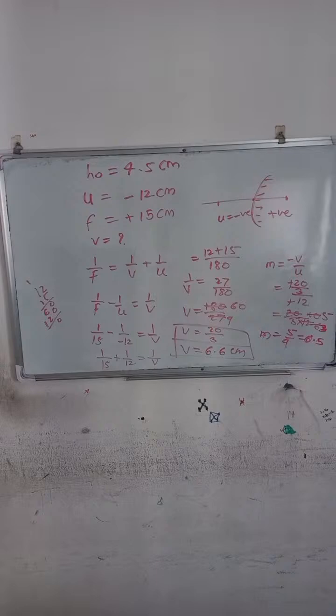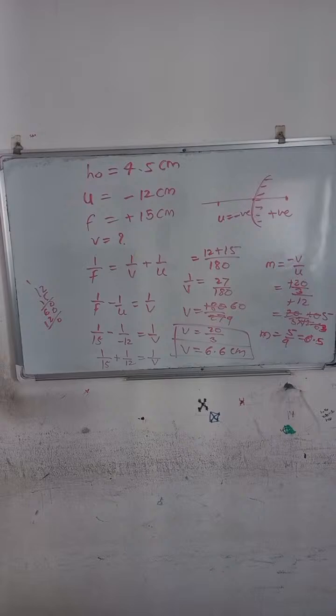Okay, I will repeat the entire question. A student wants to project the image of a candle flame on a screen 60 centimeter in front of the mirror by keeping the flame at a distance of 15 centimeter from its pole.